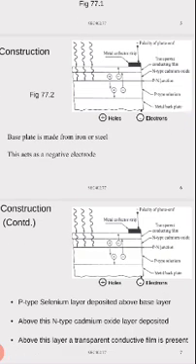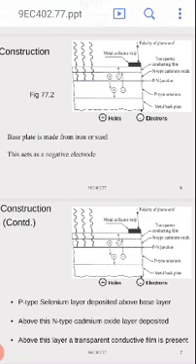Above this N-type cadmium oxide layer deposited. Above this layer, a transparent conducting film is present.